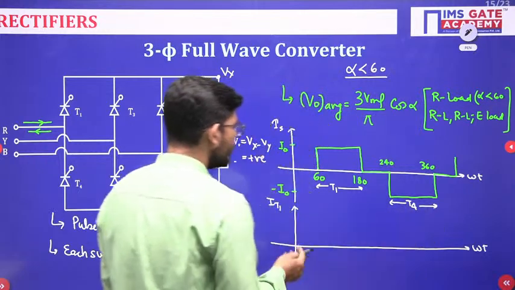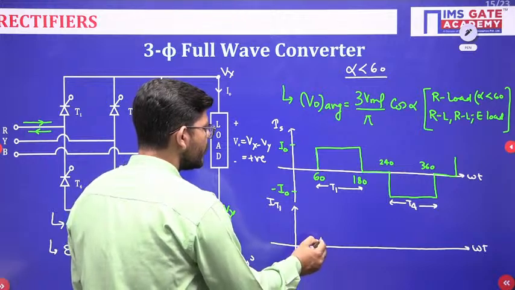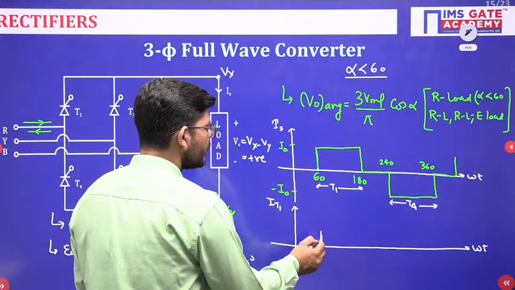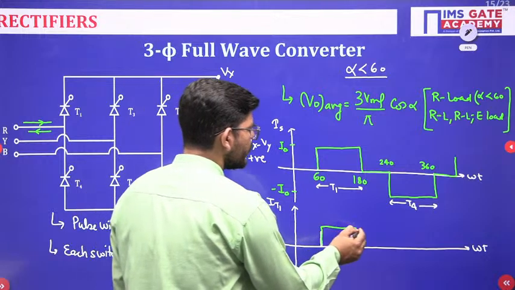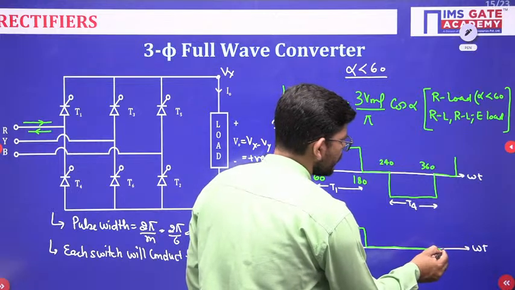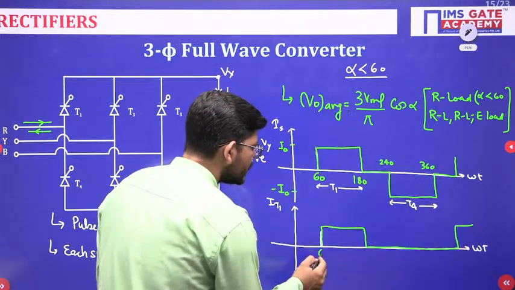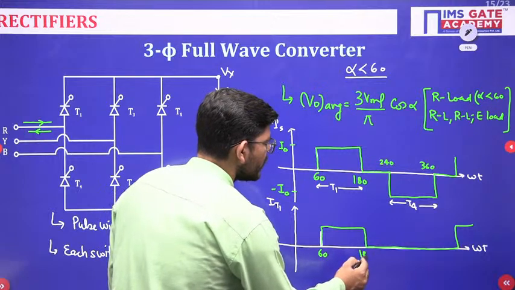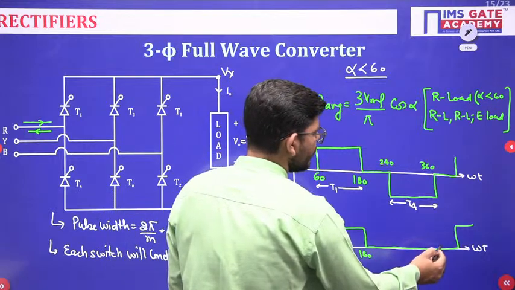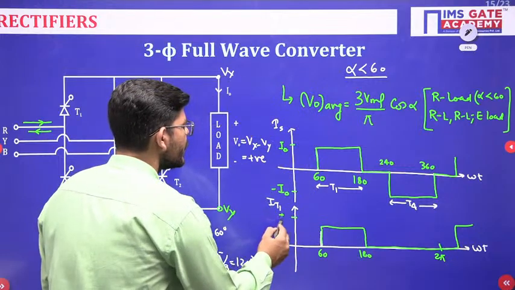If I plot it for T1, I will get this kind of waveform. So this is 60 and this is 180, and here I will have 2 pi or 360. The magnitude will be I naught.